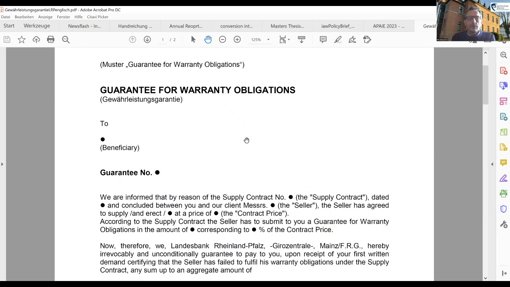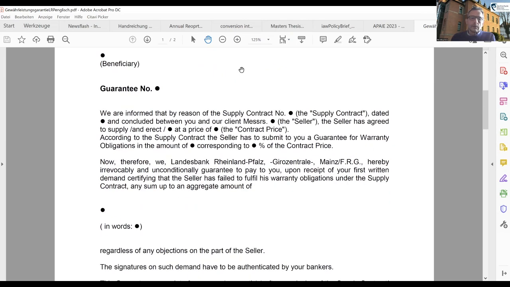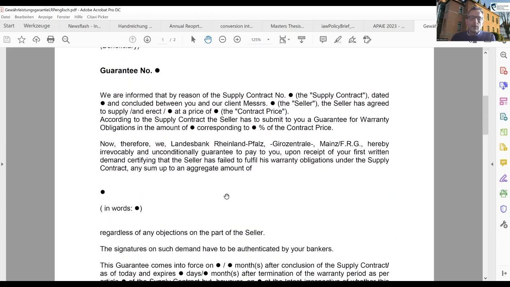What is a guarantee for? In that case here, we are talking about a guarantee for warranty obligations. That means that the good fulfills what it needs to fulfill. Now, what is the content of a guarantee?